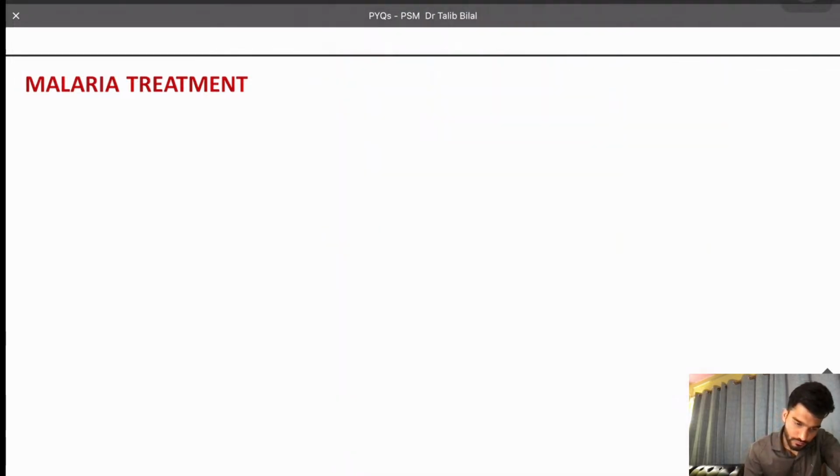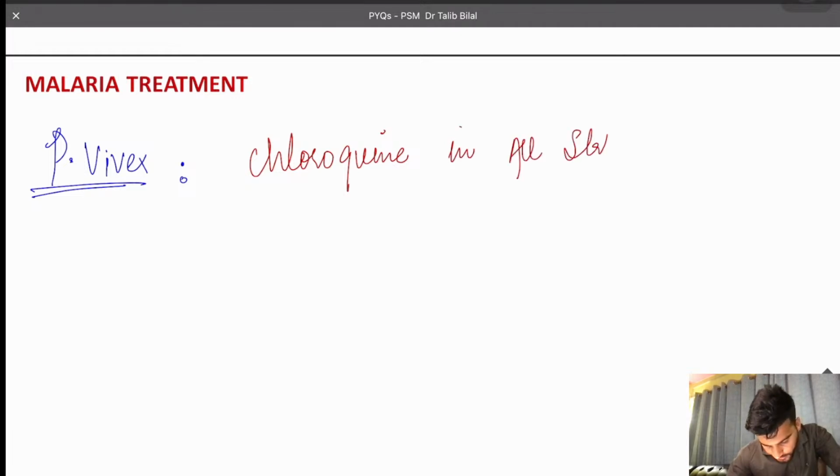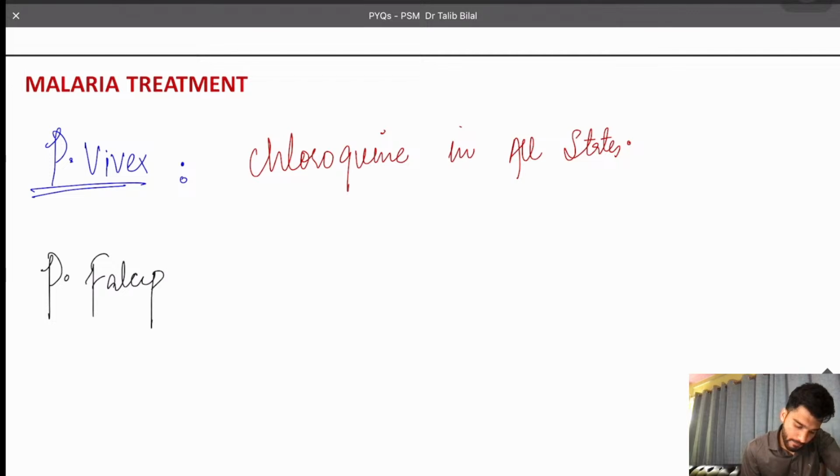Chalo. Plasmodium vivax, if they ask, if Plasmodium vivax, your answer is chloroquine in all states. The treatment, my dear students, will only change when it is Plasmodium falciparum.